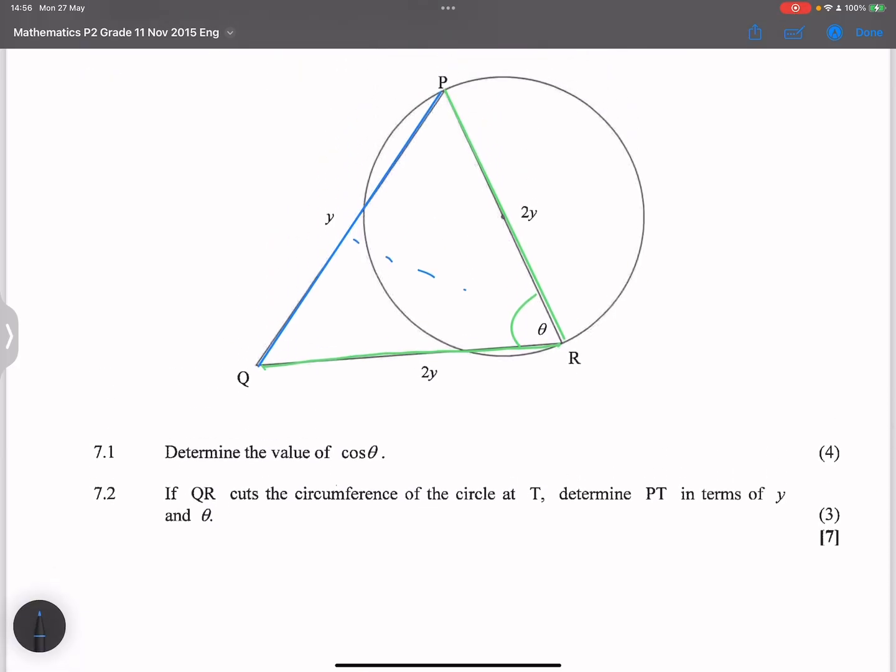So remember, PQ squared is equal to the two sides, which is QR squared, plus the other side, that's PR squared, minus 2 times QR, it's the same sides, times PR, the cos of the angle, the angle opposite to the side that we're looking for, which is theta in this case.